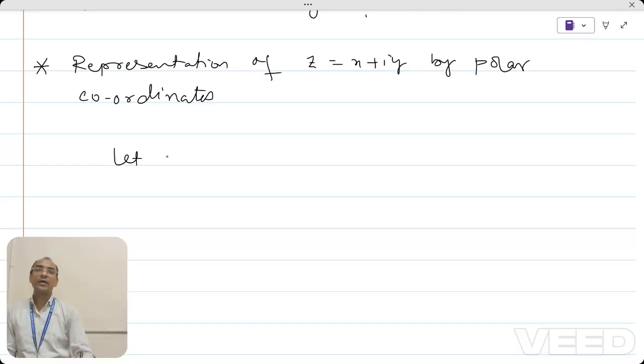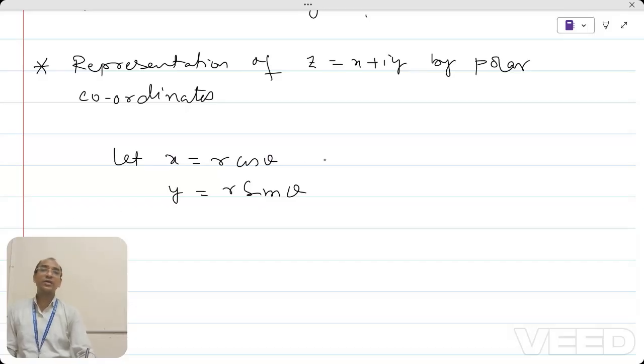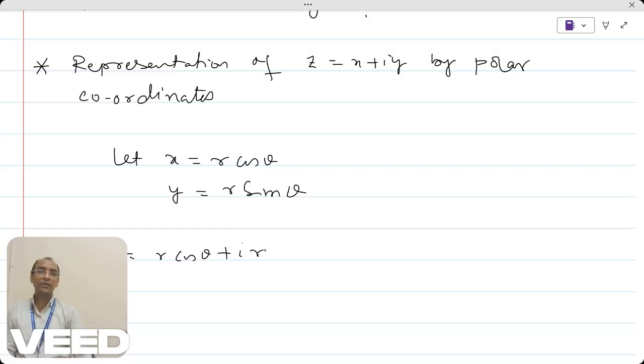Let x equal to r cos theta and y equal to r sin theta. So if I put x equal to r cos theta, y equal to r sin theta in z, what we will get? z will be nothing but r cos theta plus i into r sin theta.